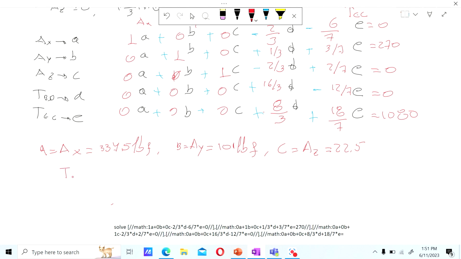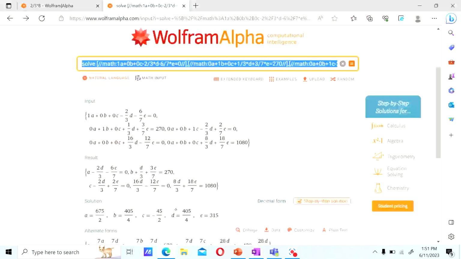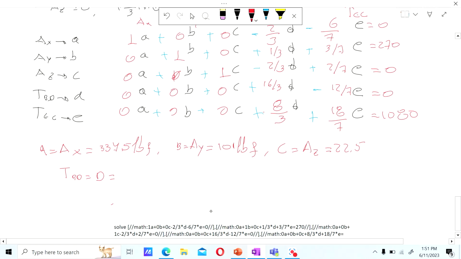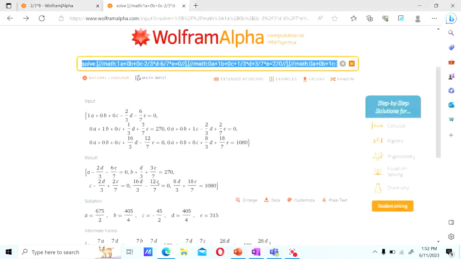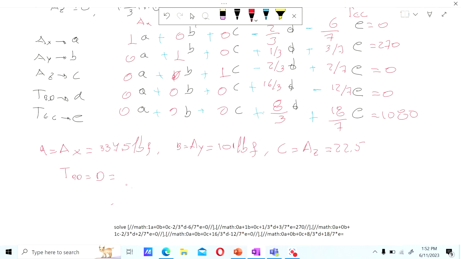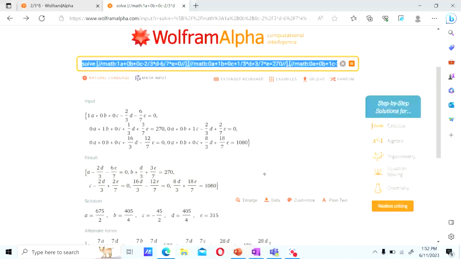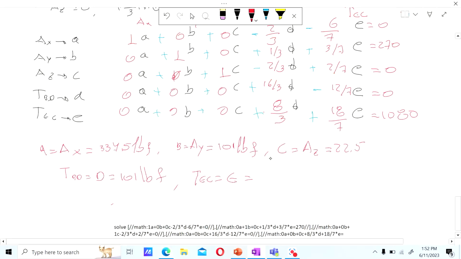All right, T from B to D is equal to D, which is equal to 405 divided by 4, 101. And T E C, which is equal to E, is equal to 315.